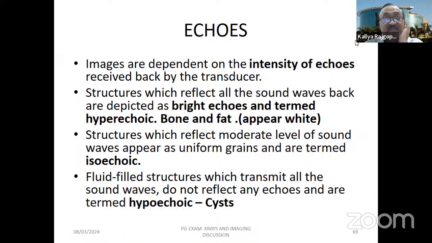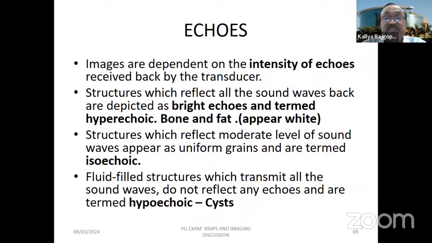That's how you get something like cystic, hypoechoic, which transmits all the sound waves but does not reflect any echoes. Most cysts, whether cystic swellings in the neck or retroperitoneal cysts, are hypoechoic.